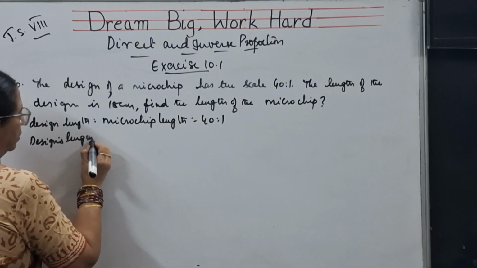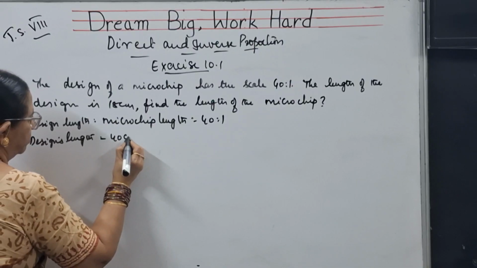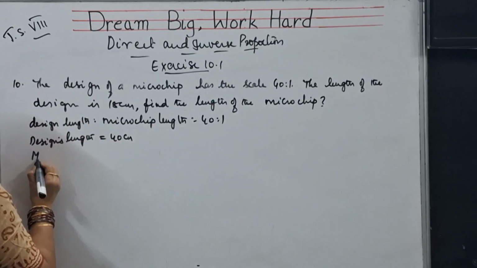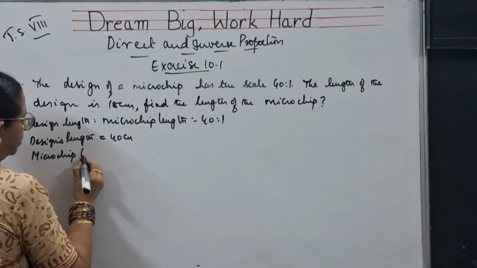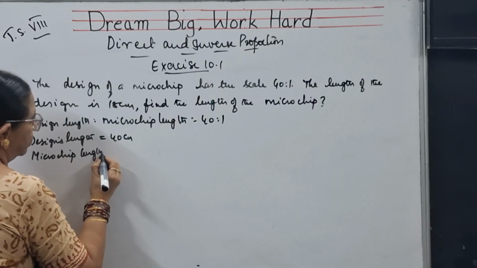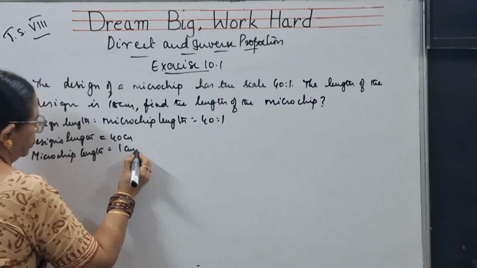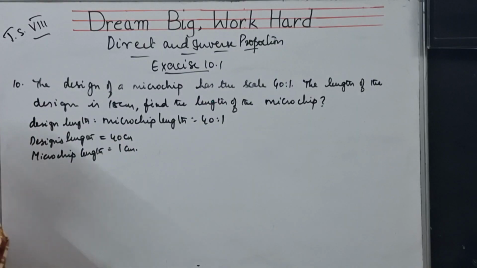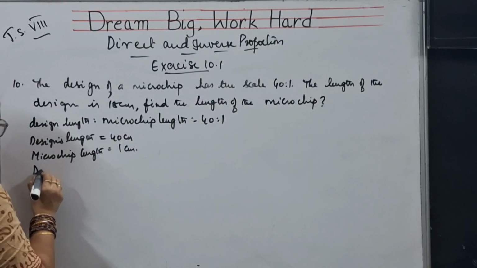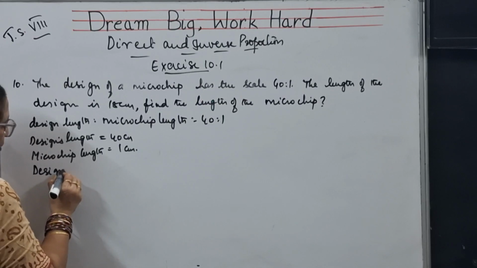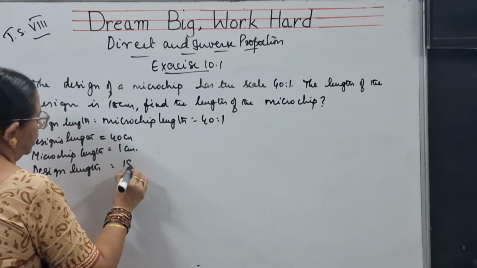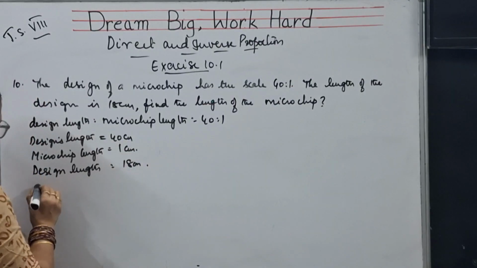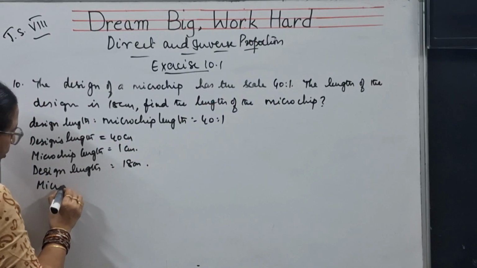That means we can take design's length equal to 40 centimeters and microchip length is equal to 1 centimeter. Now they have given the length of the design. Again another design length is given as 18 centimeters. What is the microchip length?